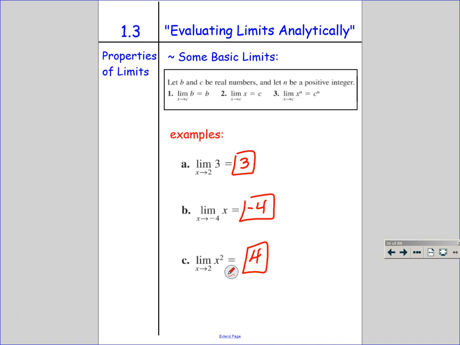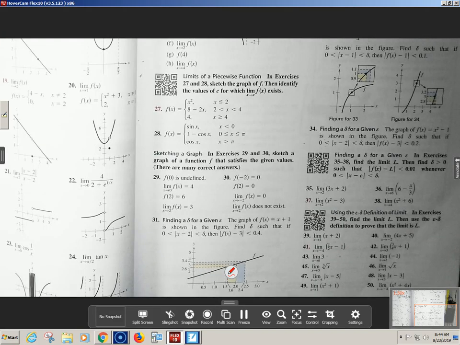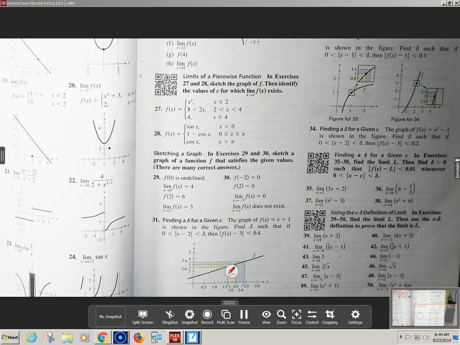Limits aren't that easy because, do I still have that picture up? Oh wait, I closed it. If with a piecewise, for instance, I was trying to do the limit as x approaches 2 of f of x, why would I not just go to or equal to 2 and plug in and say 4?